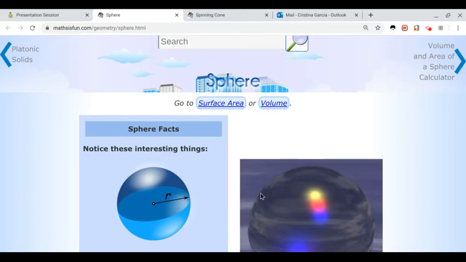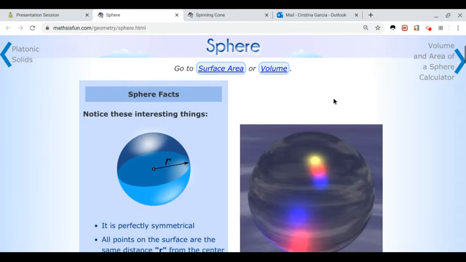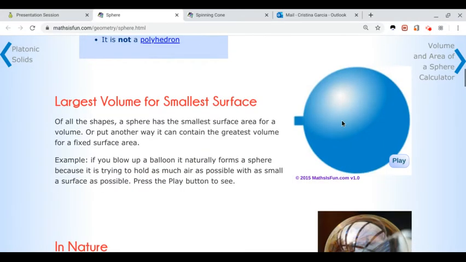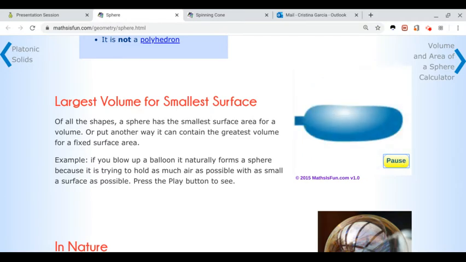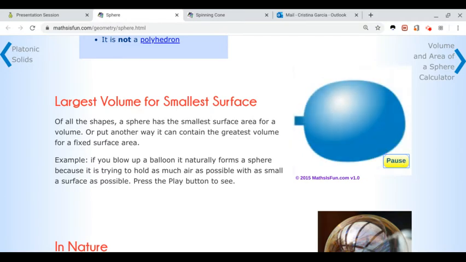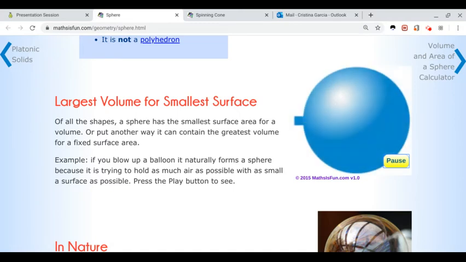Okay, so it's going to look like this. And so we're just going to go ahead and click on this part. So it's the largest volume for the smallest surface. You're going to go ahead and click on it, and you will see just how it blows up, right?